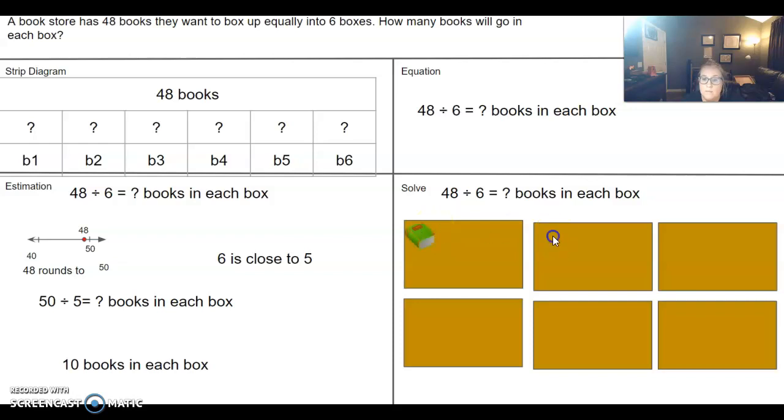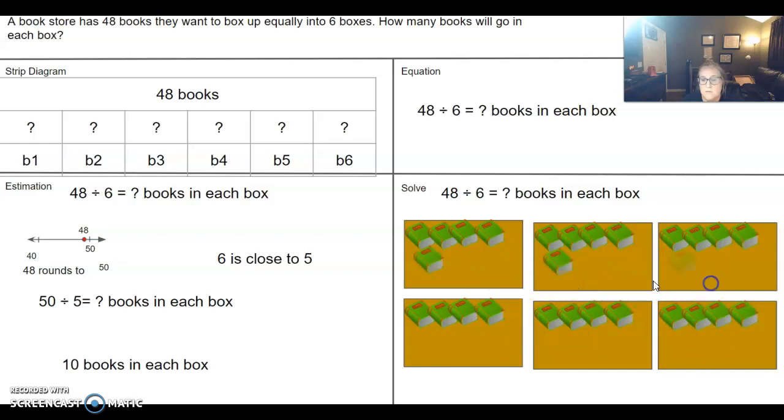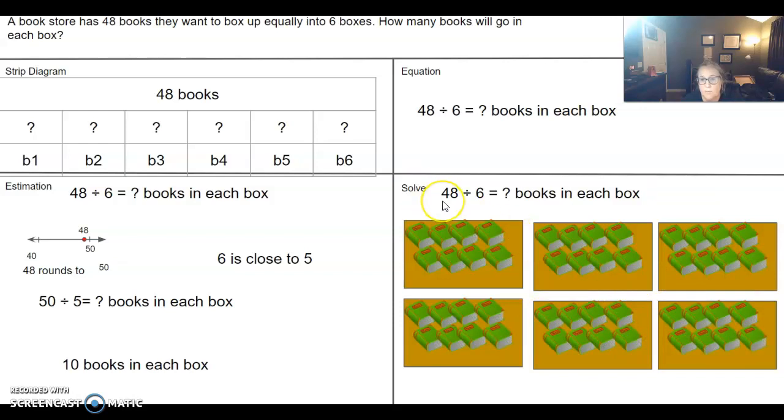Here we go. 1, 2, 3, 4, 5, 6, 7, 8, 9, 10, and so on, all the way up to 46, 47, 48. Stop! I said 48. That's as far as I can go.